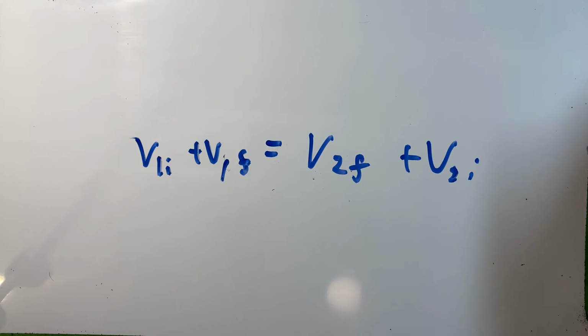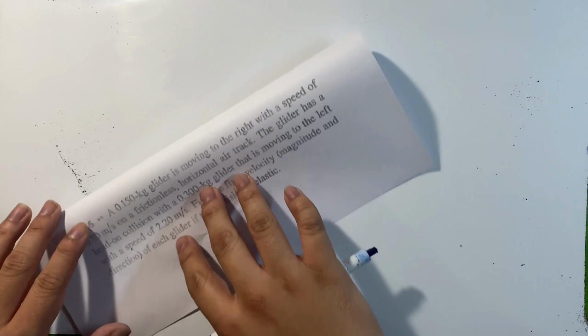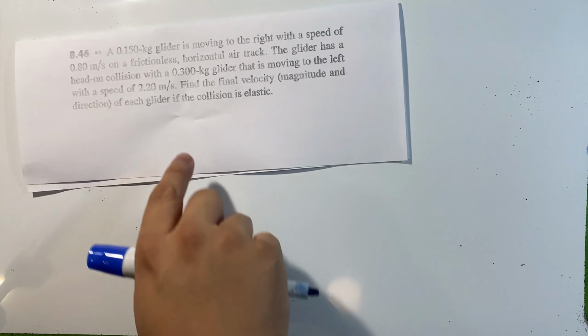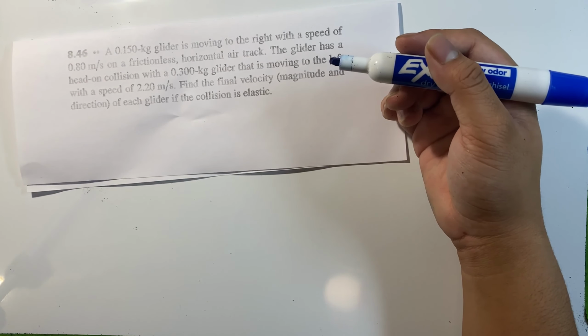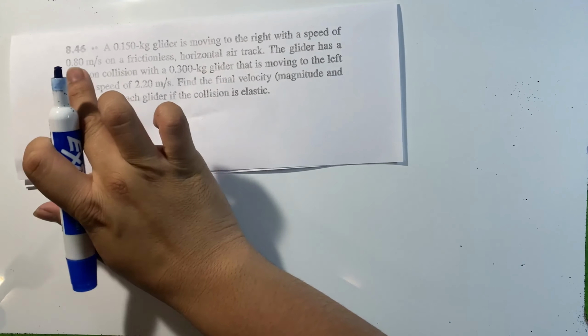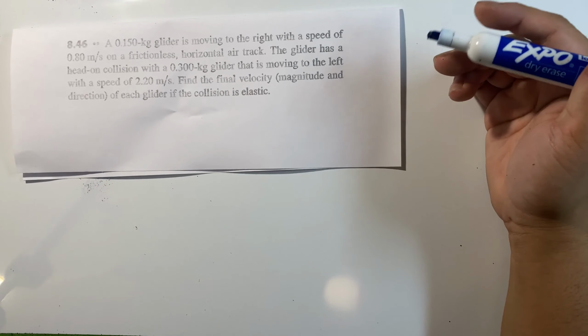So let's start off with an example here. So let me fold this up. Let's pretend here, a 0.15 kilogram glider is moving to the right with a speed of 0.8 meters per second on a frictionless horizontal air track.